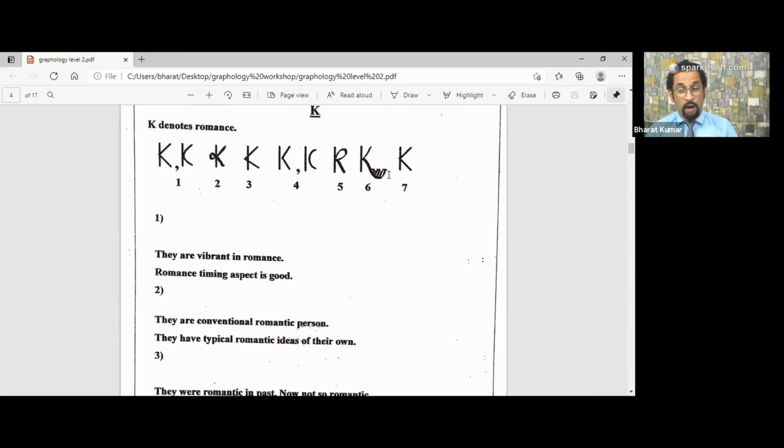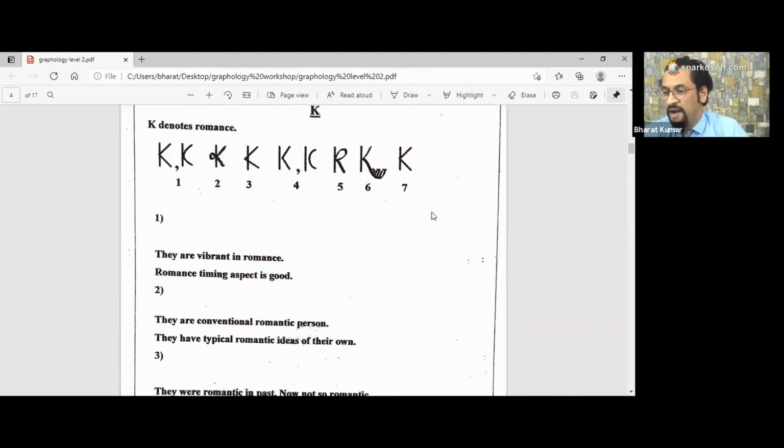Are they involved physically or not? How will you find out? Just check the slant of this K. Now listen very clearly. If this K loop is moving in an upward direction, they are more into physical activity. If this loop is moving forward, not upward, they are involved in romance.